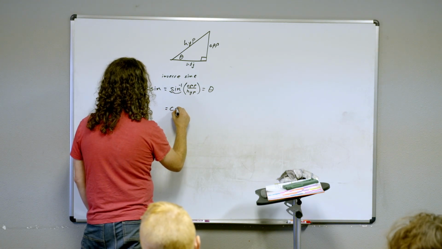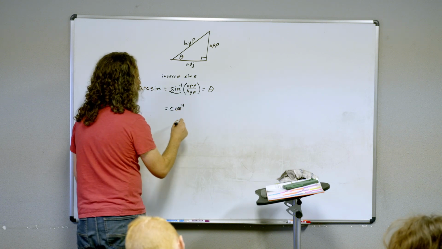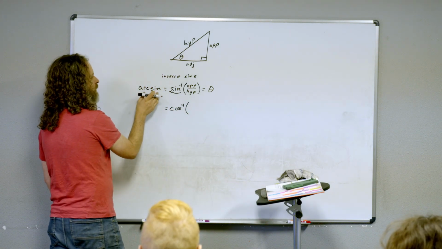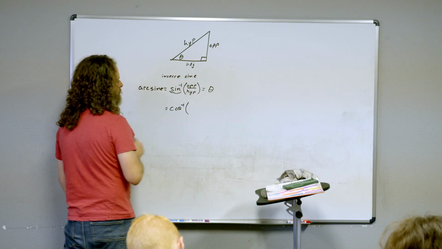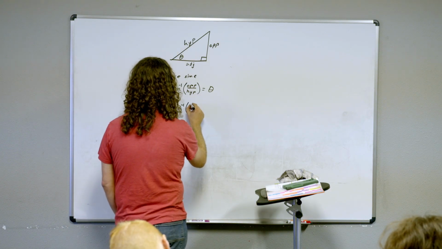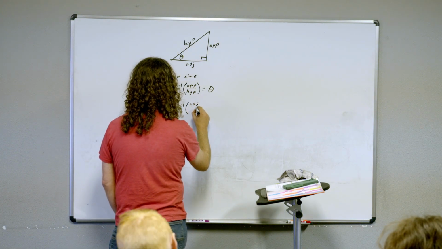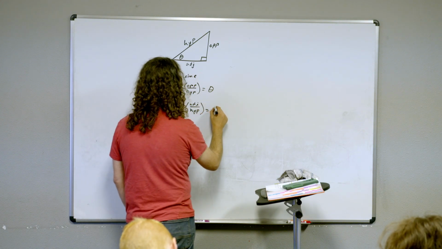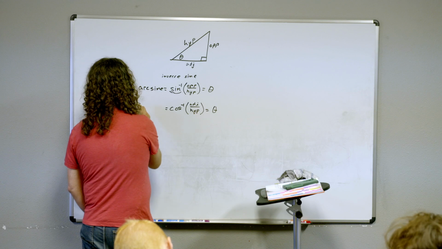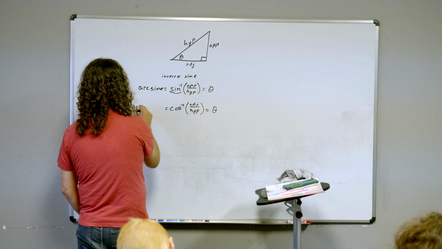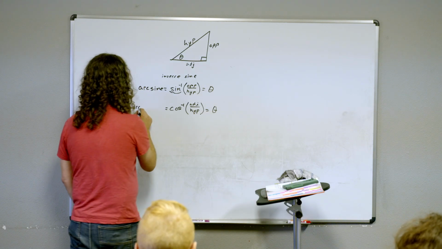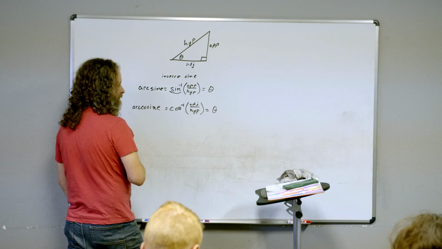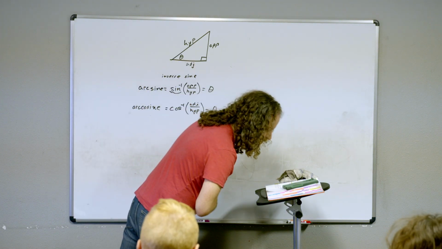So the inverse cosine, this is kind of a more modern way to write it. This is an older way to write it. But you definitely still see it some places. The adjacent over the hypotenuse equals the angle, and that will be the arc cosine, which I don't remember whether that's spelled with 2 C's or not.